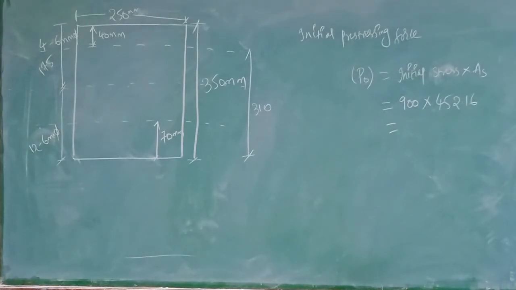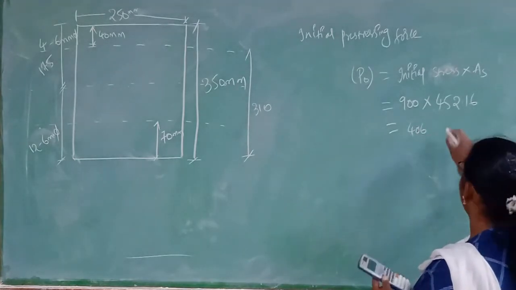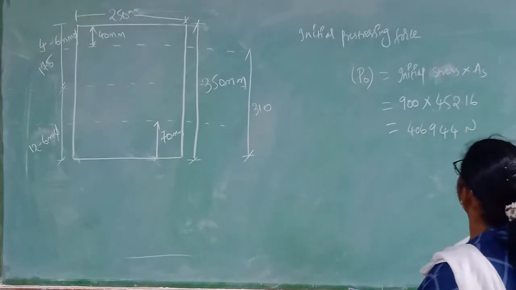Nine hundred into how much did you get? 406,944 Newton.